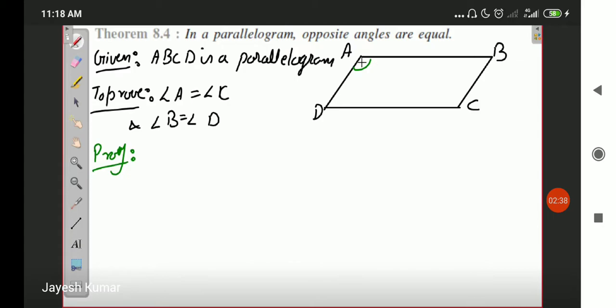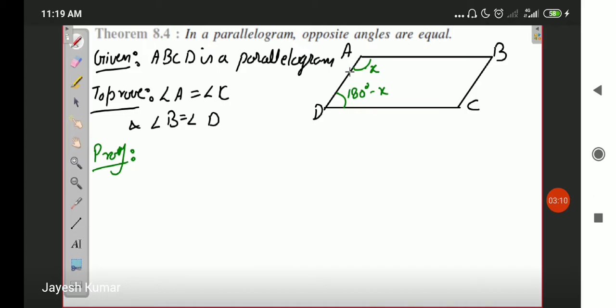Because AB and DC are parallel, and taking AD as a transversal, angle A and angle D will be supplementary. That means the sum of angle A and angle D will be 180 degrees. So if angle A is x, angle D will be 180 degrees minus x. Get this in your mind: if angle A is x, angle D will be 180 minus x.